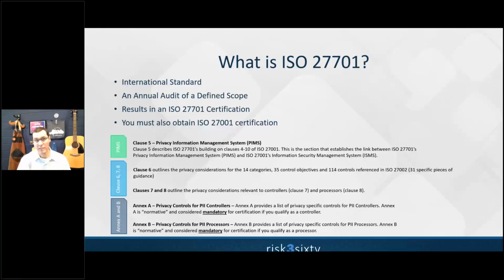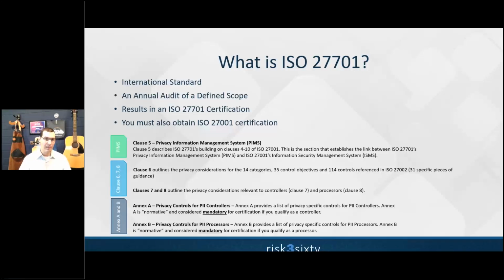It is important as a starting point to understand you also have to obtain ISO 27001 certification in order to receive 27701. 27001, of course, is the information security management system. Goes in detail on information security. So 27701 expands that to include privacy.